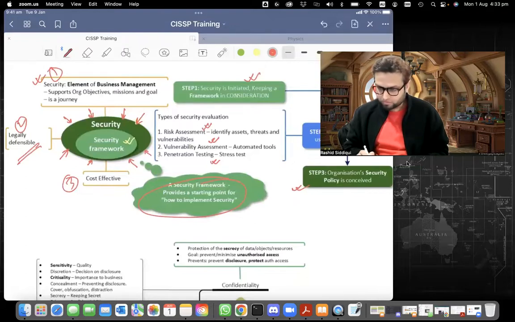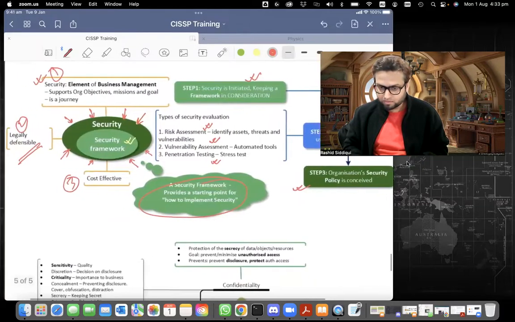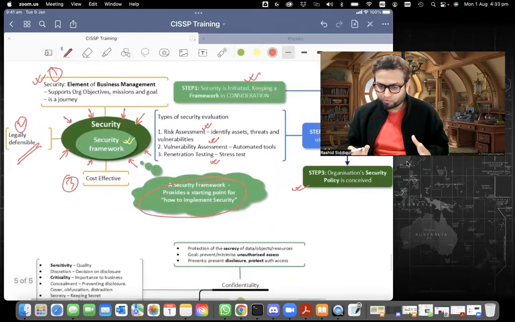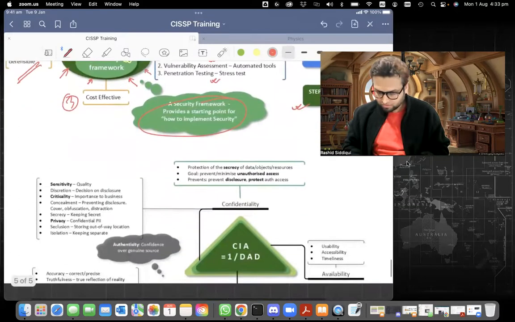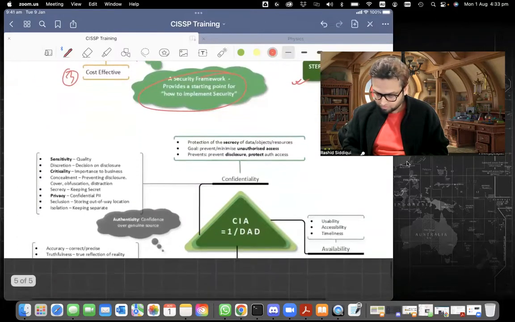And it should be cost effective. This is very simple. If we know this thing, we know how we develop a security policy, right? And what it means. Now, then we discussed the CIA Triad, which is basically confidentiality, integrity, and availability.